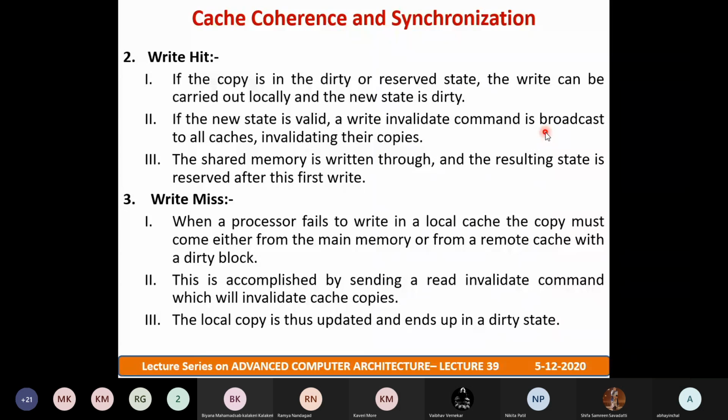We know what is meant by dirty state: if the write operation is performed more than once, then we call it a dirty state. Whereas if the new state is valid, a write invalidate command is broadcast to all caches, invalidating their copies. So let us check.